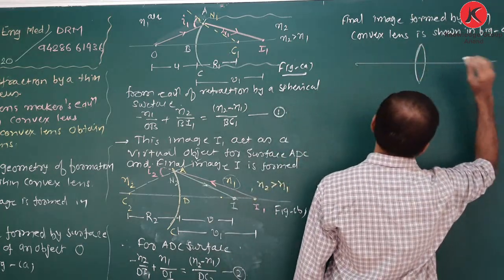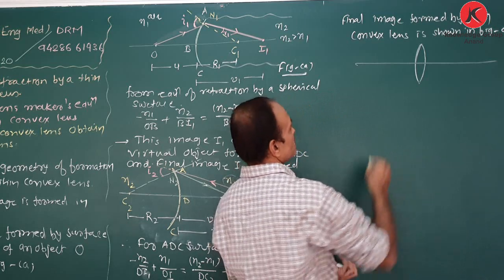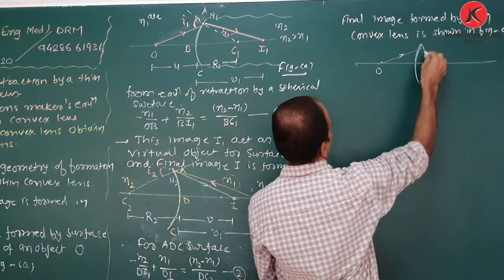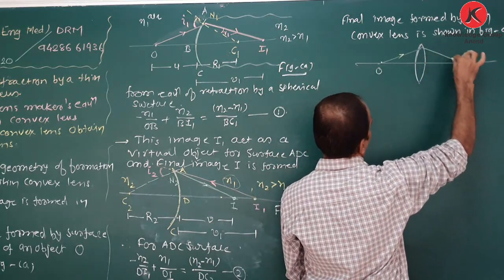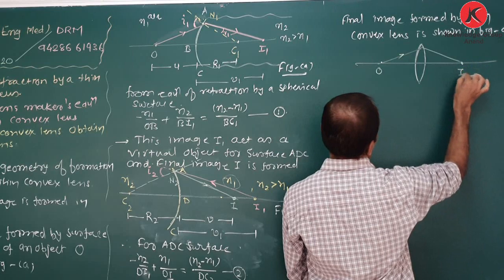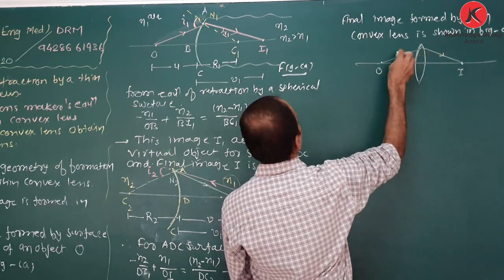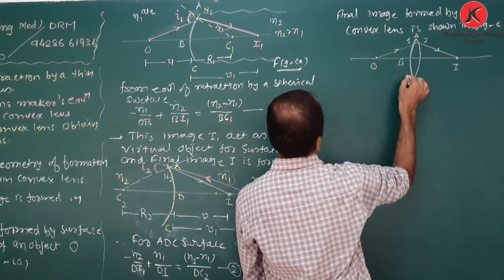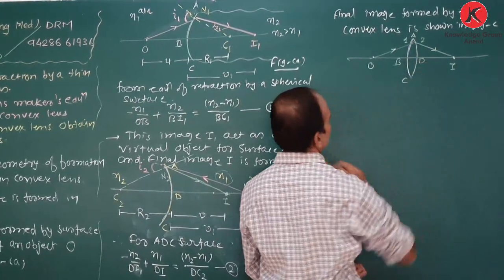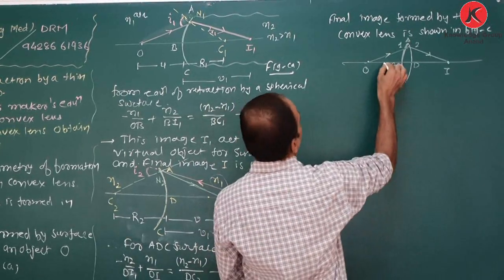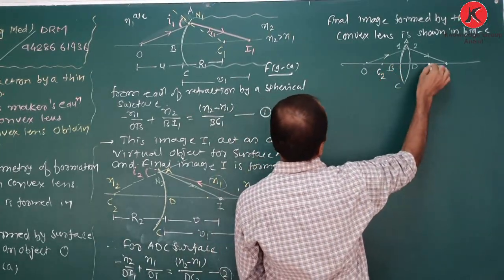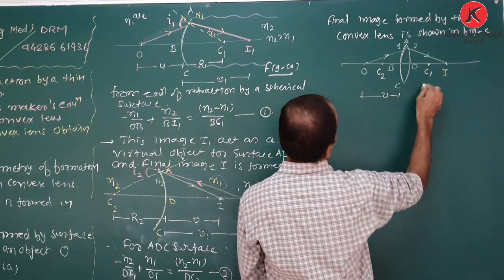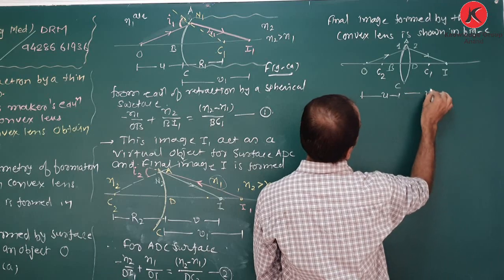There is the principal axis. The object is here. So the final image I is formed here. There is surface 1, surface 2, or ABC and ADC. Here C2, here C1. OB is our object distance, DI is our image distance.